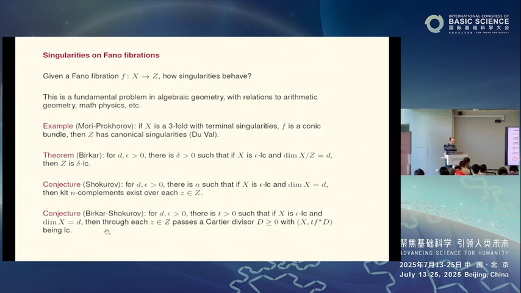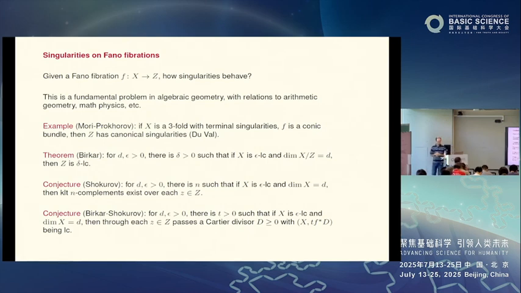Another problem related to this setting, again, is when you take a Fano fibration, and if you take the total space to be nice, like epsilon-LC, then it's conjectured that on the base, you can always find a Cartier divisor. Cartier is the key point. A Cartier divisor, which is effective, so that if you pull it back, the singularities still are not too bad.